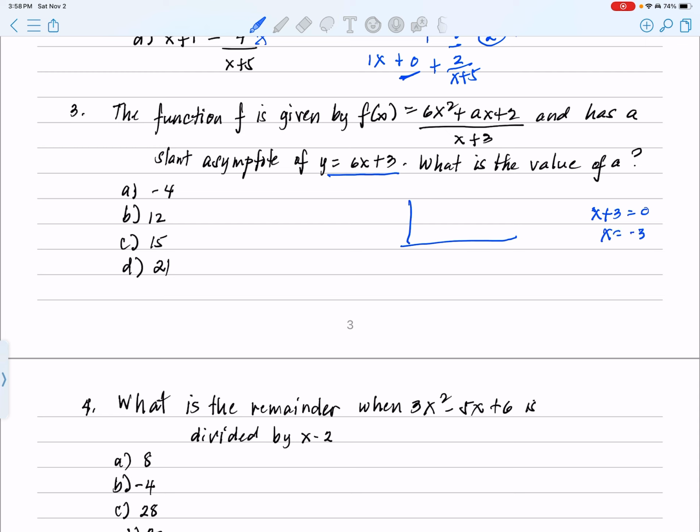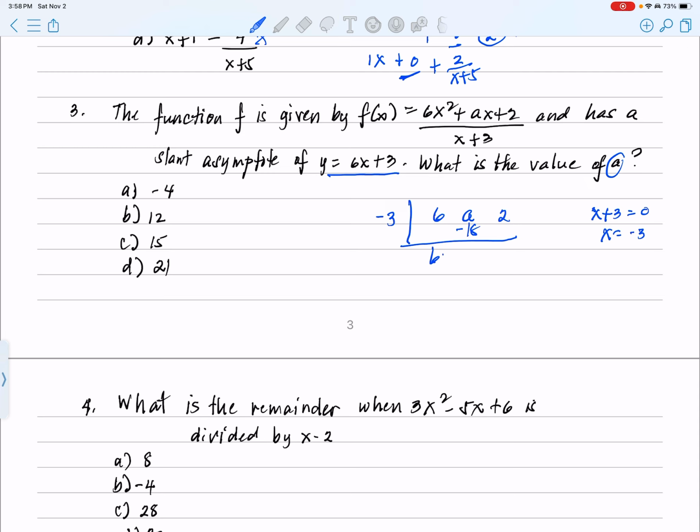So they are in order. The coefficient of x squared is 6, the coefficient of x is a. We are asked what is the value of a. So a is here, and then we have the constant 2. Bring down 6. 6 times negative 3, that's negative 18.